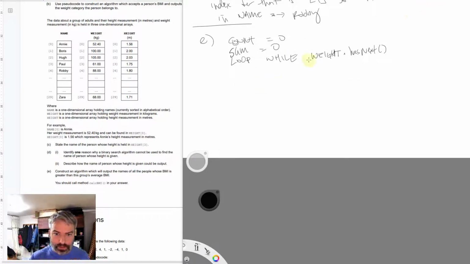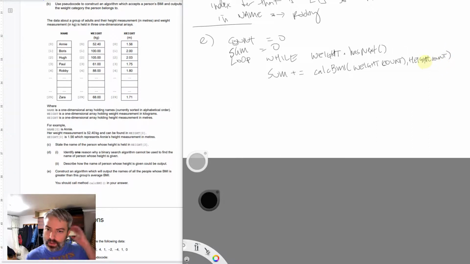So we'll change this, and we're going to say sum plus equals, and then we go through calc BMI, and we are accessing the weight count, comma, height count. So we're going to go through, find all those BMIs, add those to the sum, and then end the loop, and then we're going to calculate the average.